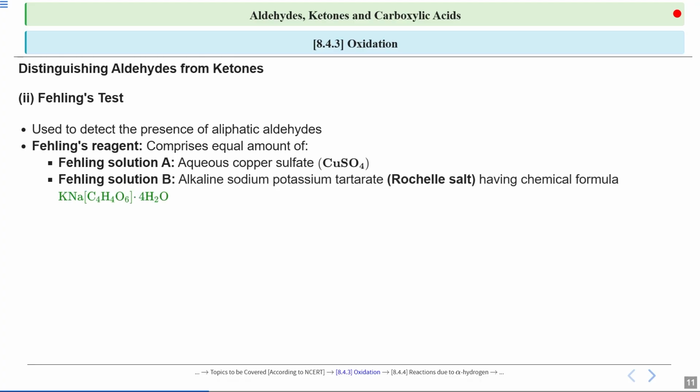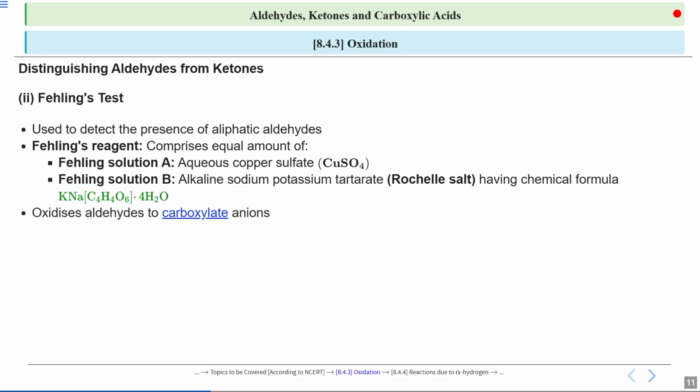The second component is Fehling solution B, which is an alkaline solution of sodium potassium tartrate, also known as Rochelle's salt. So Fehling's reagent is a mixture of equal amounts of Fehling solution A, aqueous copper sulfate, and Fehling solution B, alkaline sodium potassium tartrate, or Rochelle's salt. The molecular formula is given, highlighted in green.